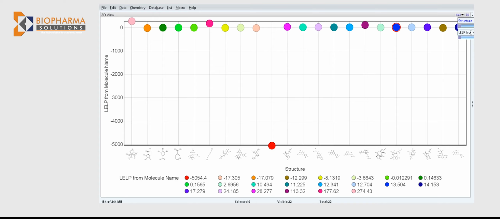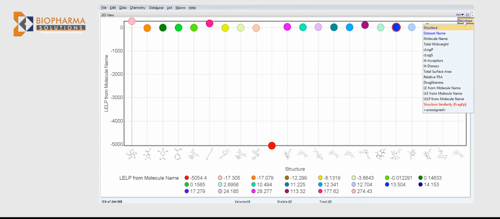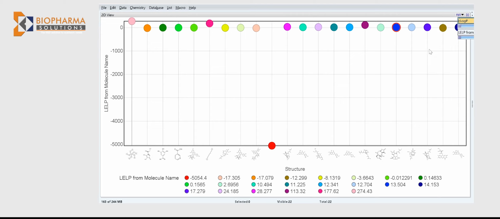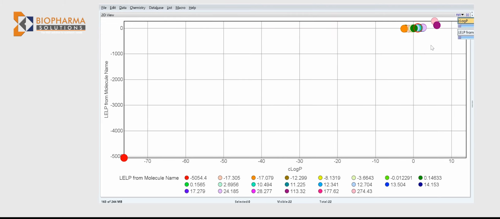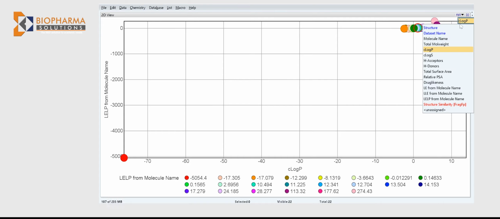And if you want to see the relationship between any two properties, similar to structure, if I want some other property like C log P, that correlation we'll be able to see. And what you see is most of the molecules have got C log P value within some range close to 0. I mean, few of them slightly higher than 0.